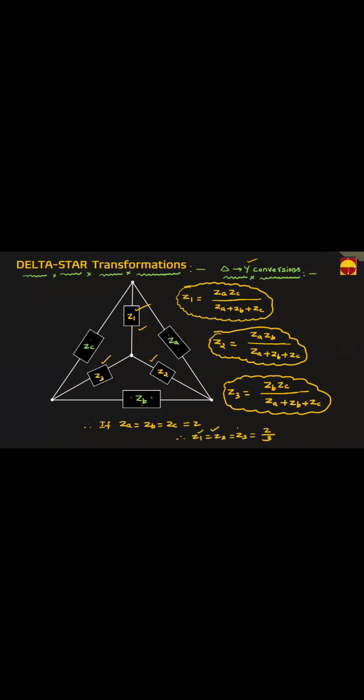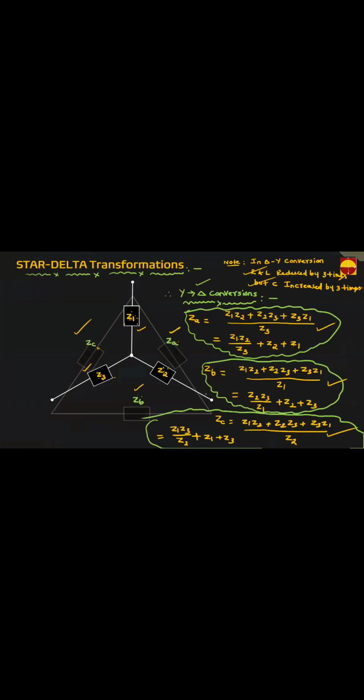These Z1, Z2, Z3 are the impedances in star connection, and these are impedances in delta connection. The impedance becomes 1 by 3. That is, I'm dividing by 3, so that you have the concept.